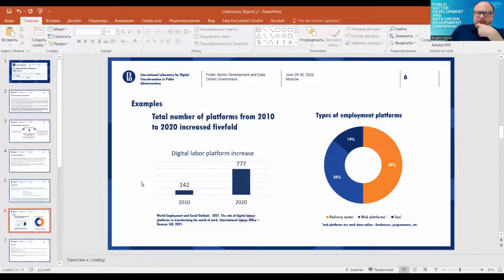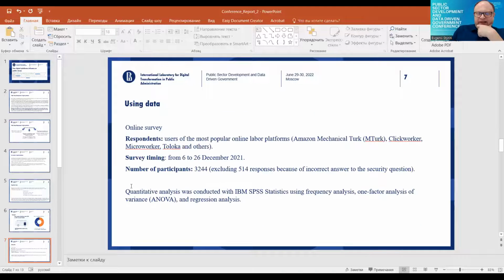We know that there is a huge increase in the number of these platforms, and you can see how huge it is. Most of them are delivery platforms. Also, we separately define platforms which provide taxi services, and other platforms which help perform tasks or certain jobs, freelance platforms. These are what we call the web platforms.